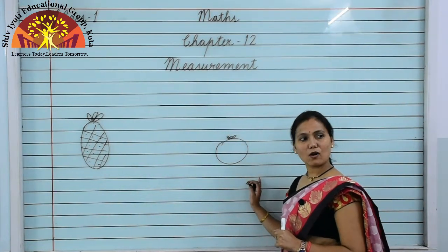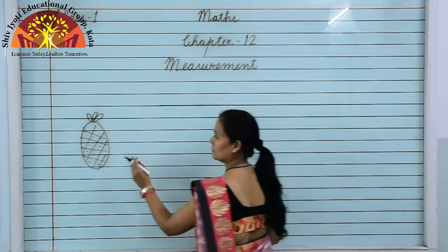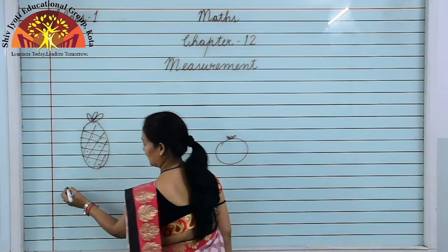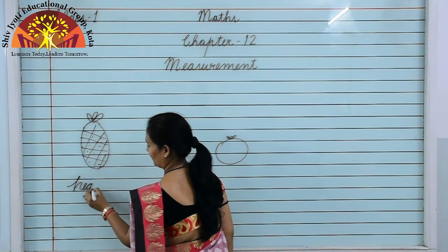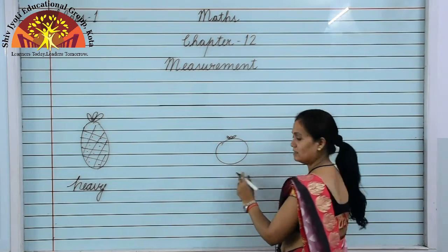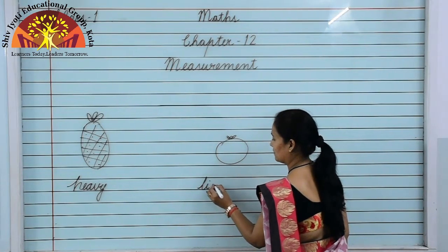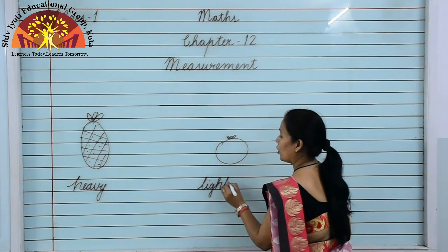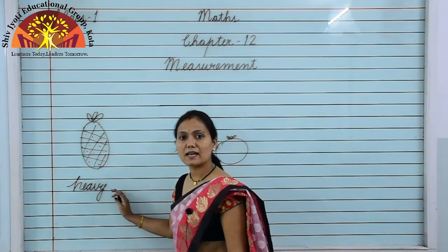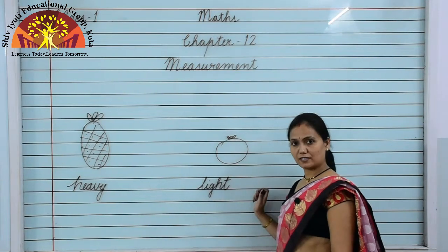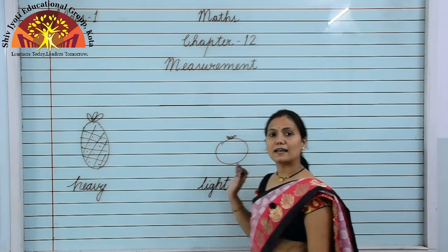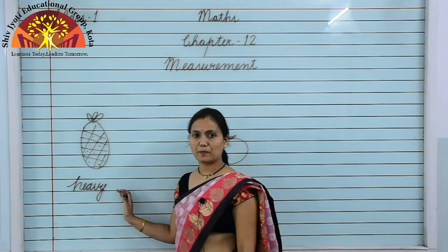This is an orange. Here you can see pineapple is heavy and an orange is light. Or we can say that a pineapple is heavier than an orange. Or we can say an orange is lighter than a pineapple.